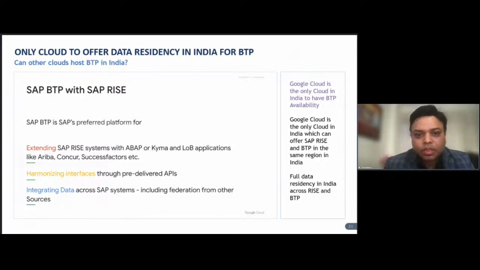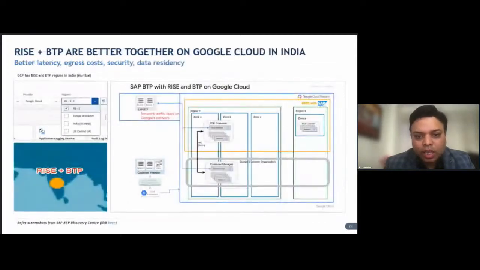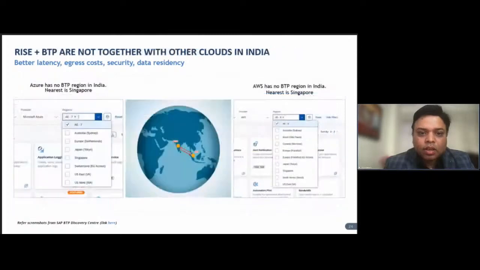Next slide, please. As you can see in the map on the bottom left, both RISE and BTP can be hosted within the same Google data center within India. Next slide, please. However, if you were on some other cloud, you would have to host SAP within India and BTP is only available outside India.